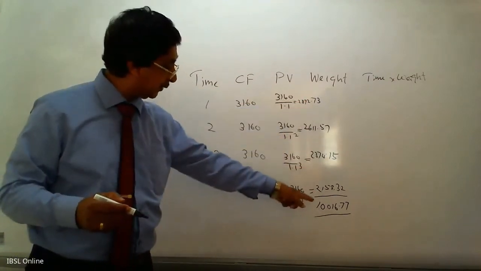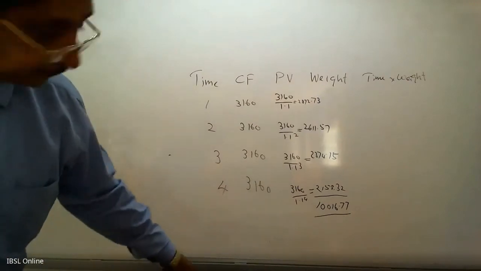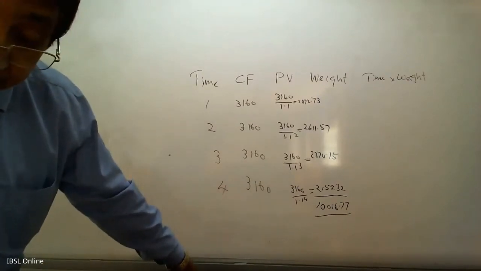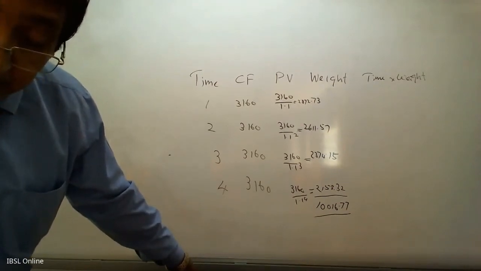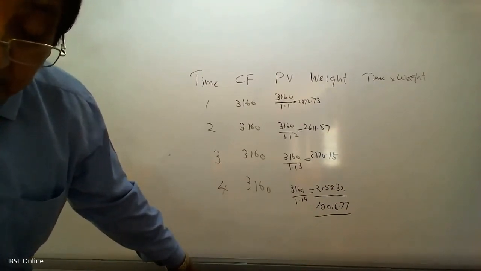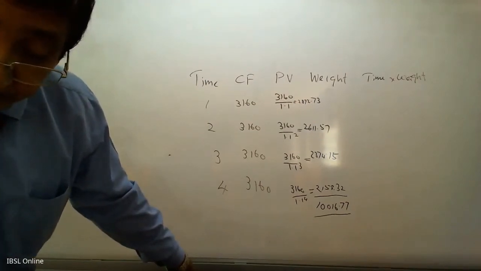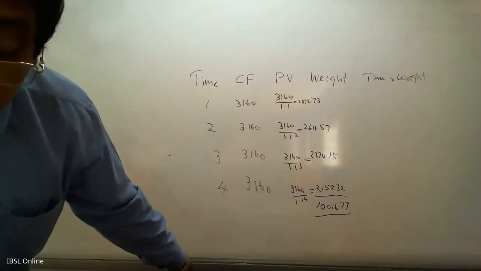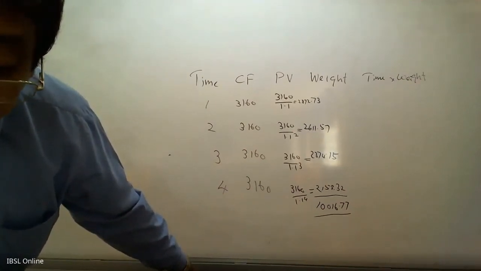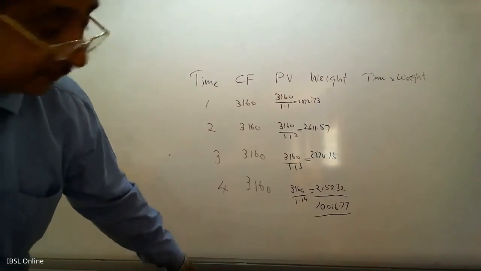2,872.73 divided by 10,016.77. You get 0.28679, you can say 0.2868.